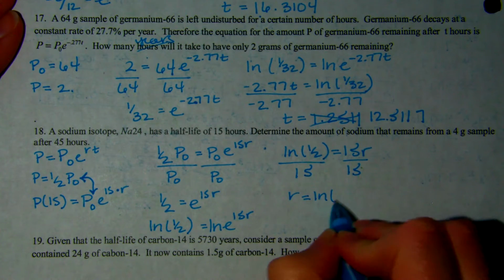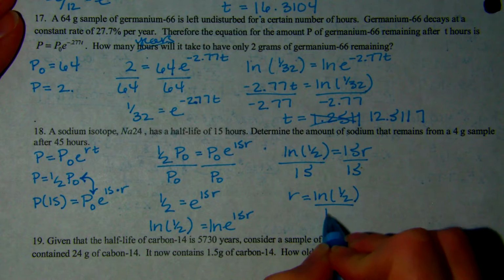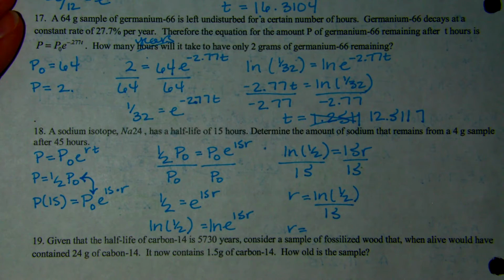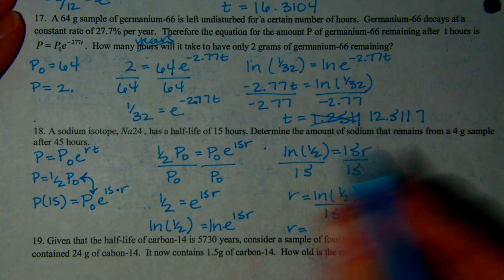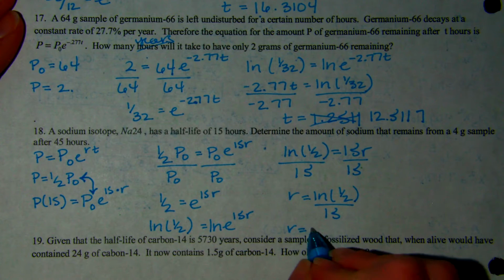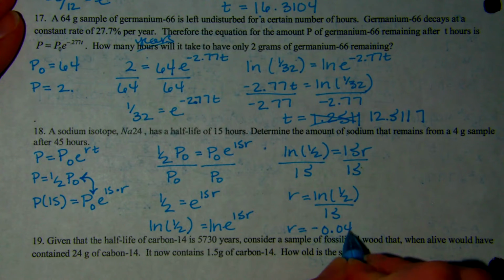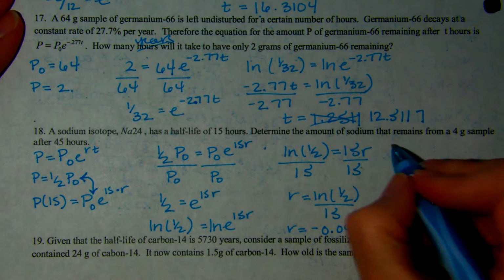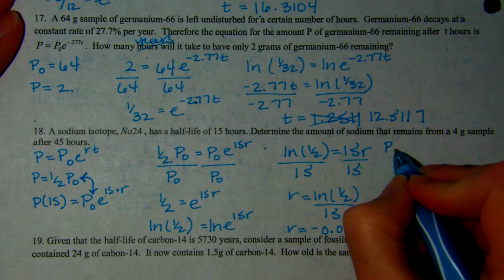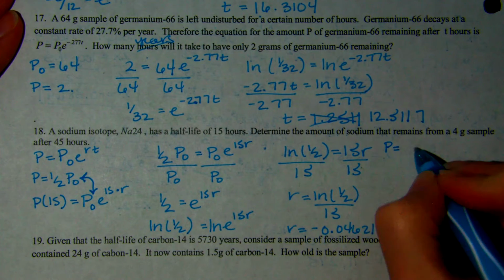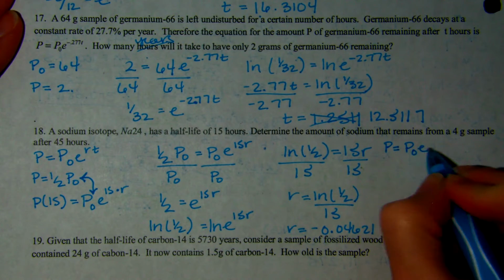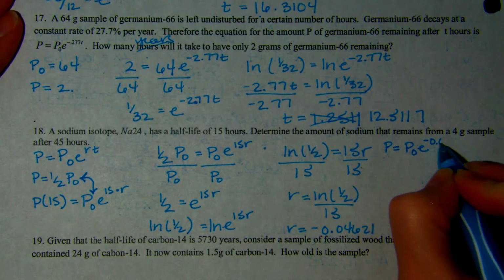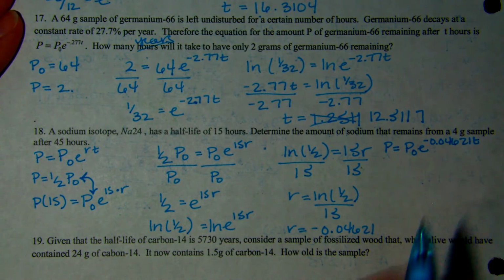So r is equal to the natural log of 1/2 divided by 15. And that is negative 0.04621. And so that's our r value. We've now found our specific equation for this isotope. So my final amount is equal to my initial amount, e to the negative 0.04621 t.